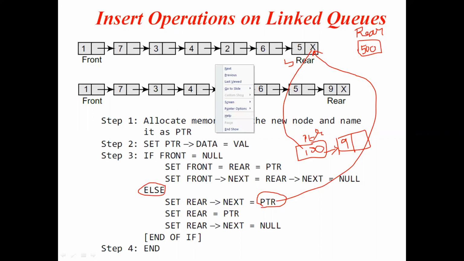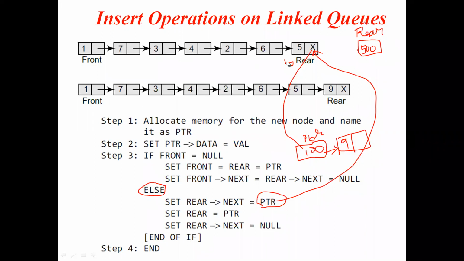Let me write here, right above the node: the address of element 5 is 500. So the rear variable always holds the address of the last node in a queue.